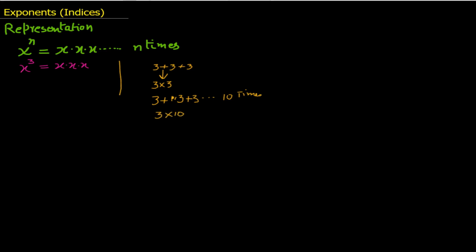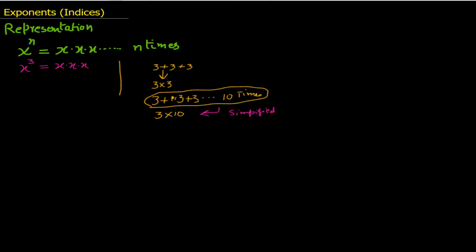The process of multiplication is a simplified form of addition. Multiplication is a simplified form of addition. So we have simplified from this addition to multiplication. So in a similar fashion, we are trying to simplify multiplication with exponents.